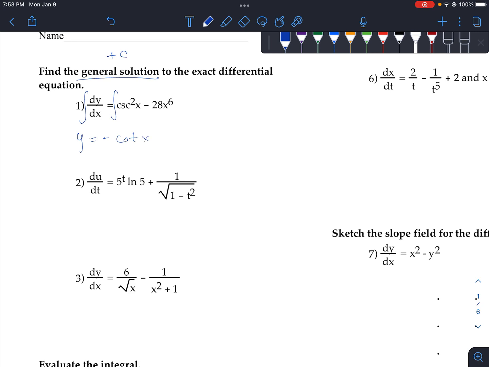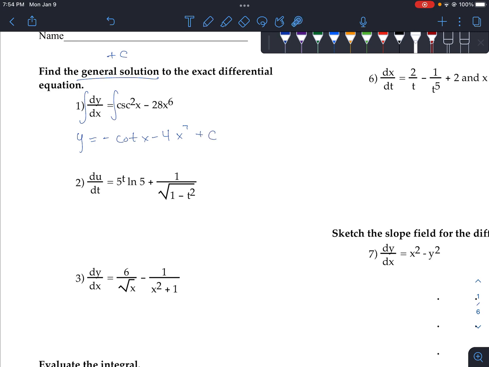And then for the next term, we'll have minus x to the 7th, and then I'm going to divide this by 7 to account for the power rule that's taking place. So that should be just 4 plus c.